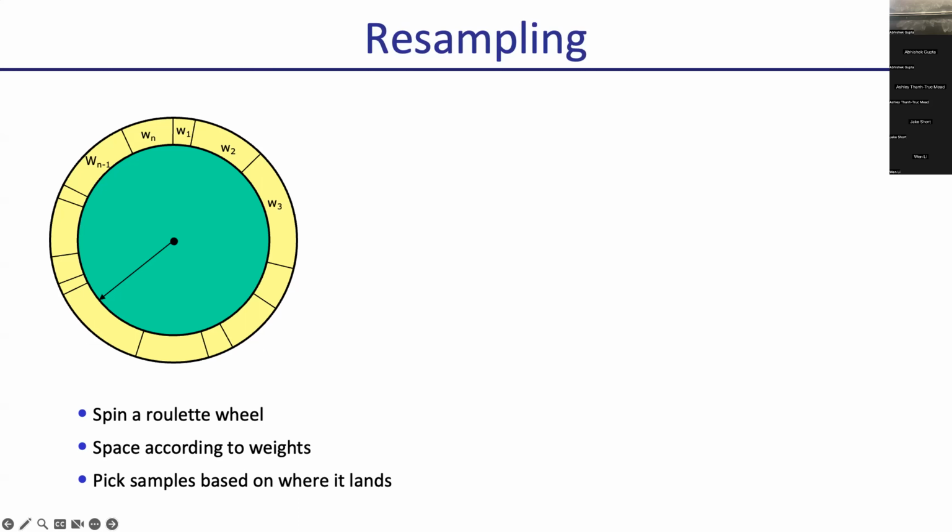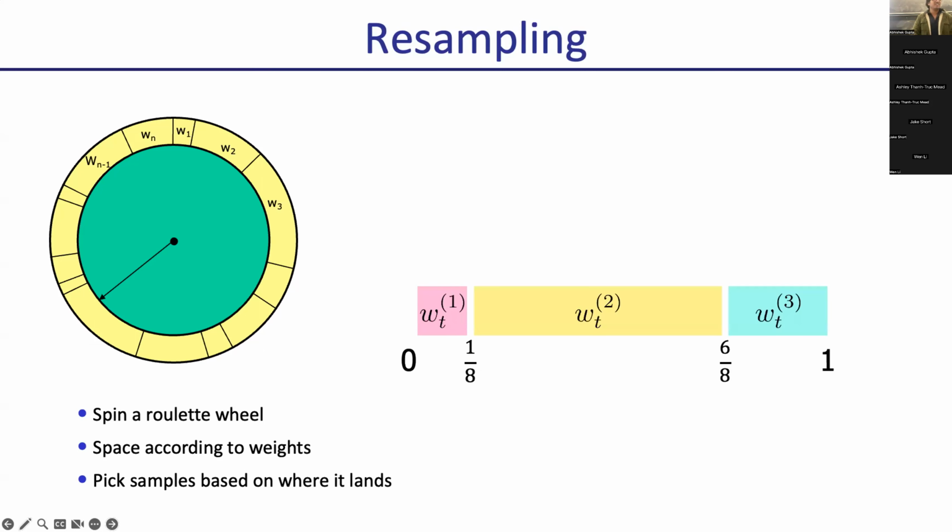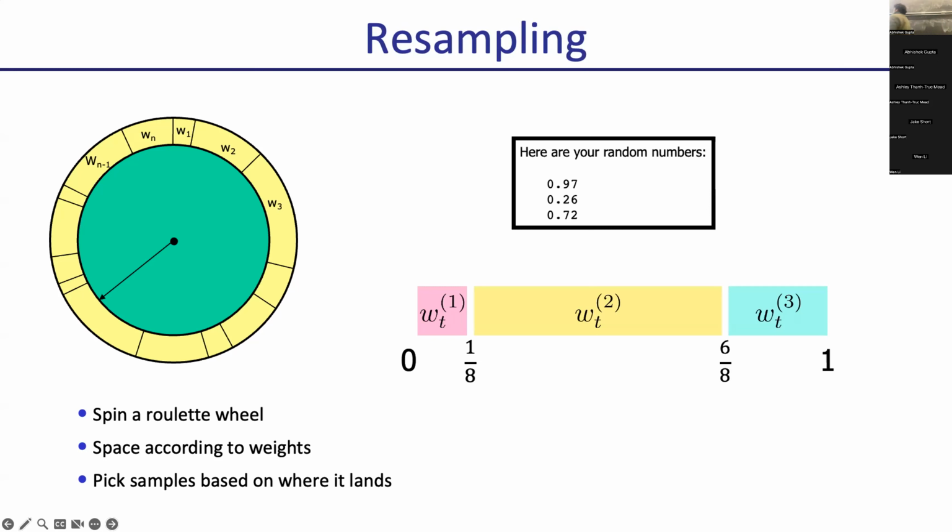You can also do this on a line. You don't have to do this on a wheel. Let's say you had 3 particles. You can take their weights and normalize them until they add up to 1. Then you just choose some random numbers. 0.97 will be here. 0.26 and 0.72 will be here.